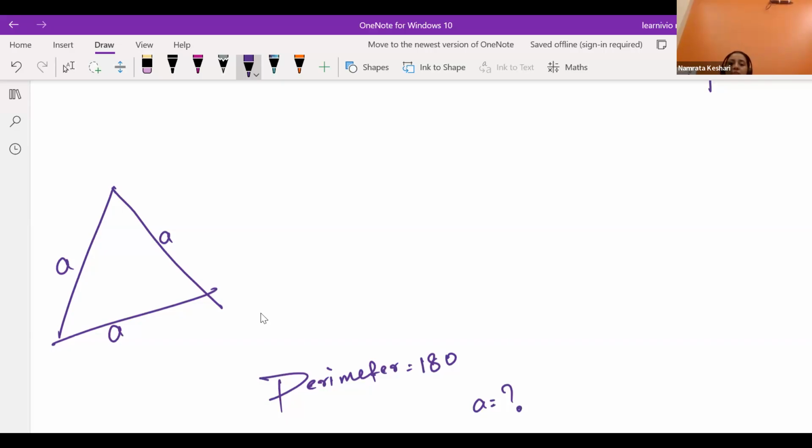Are you there, Sarah? Yes, ma'am. What will we be doing over here for finding a? This much information we have in hand: an equilateral triangle with sides a, perimeter is 180. How will we find a? I'm not sure. What does it mean? The perimeter means what?